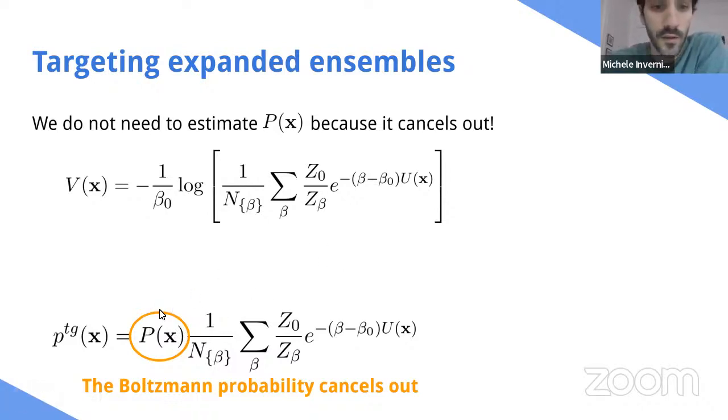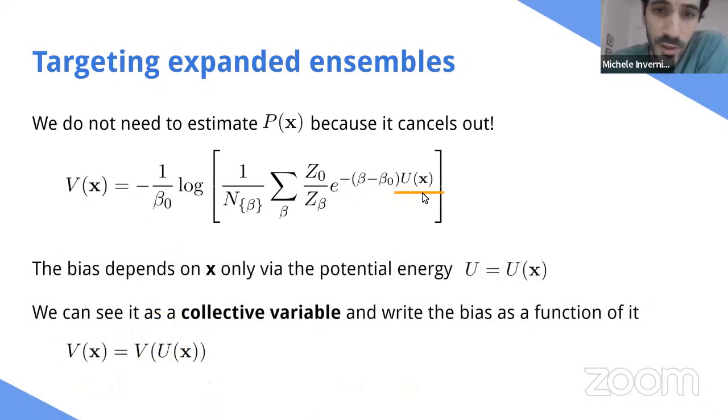So the fact that it cancels out is very important. Also, we can see that the bias potential depends on the coordinates of the system only through the potential energy. So as a matter of fact, we can look at the potential energy as a collective variable itself, and the bias is no longer a high dimensional function, but just a function of this collective variable.